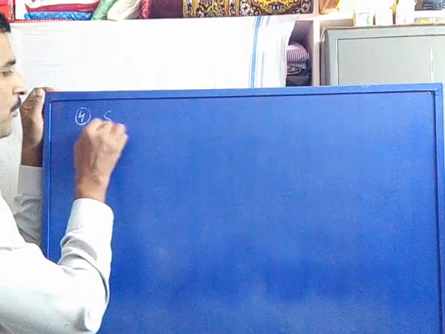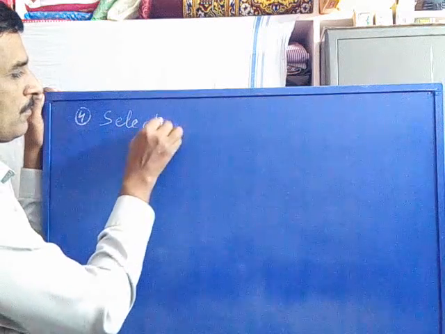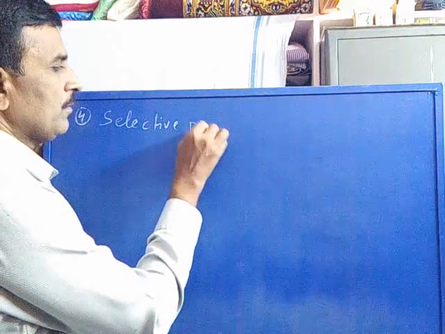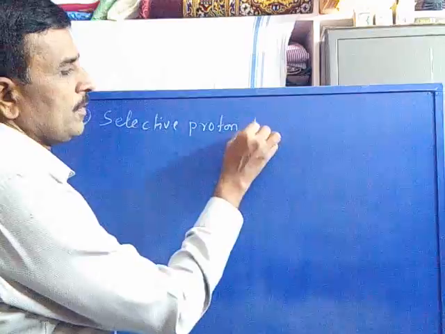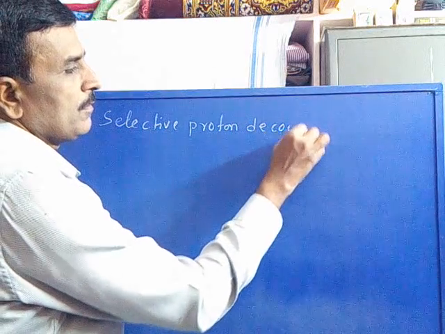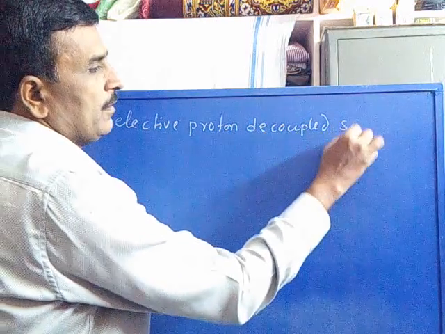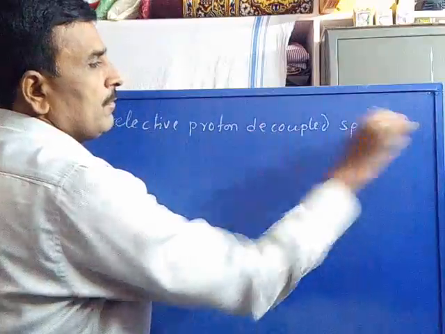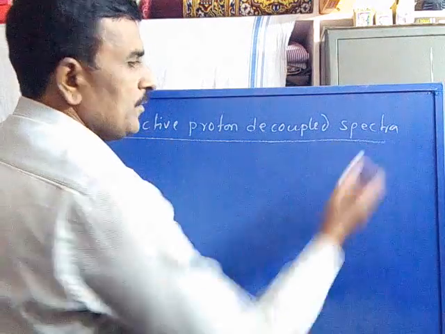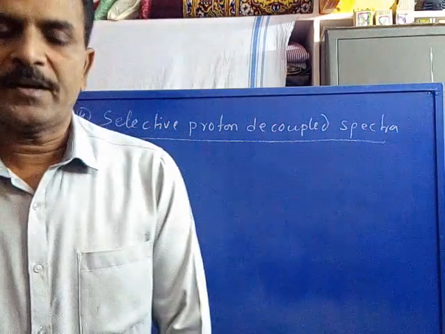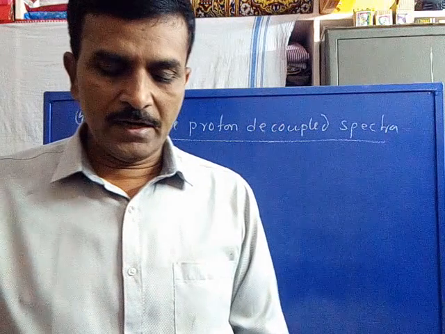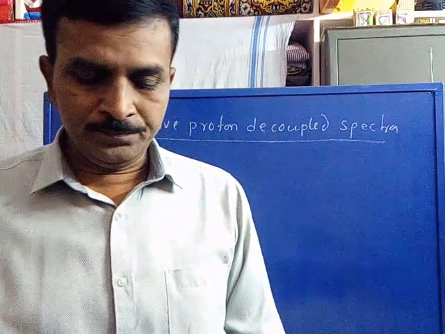That is, the fourth type is selective proton decoupled spectra. Selective proton decoupled spectra. This is the fourth type of C13 NMR spectrum.